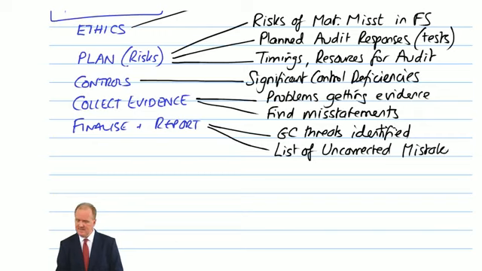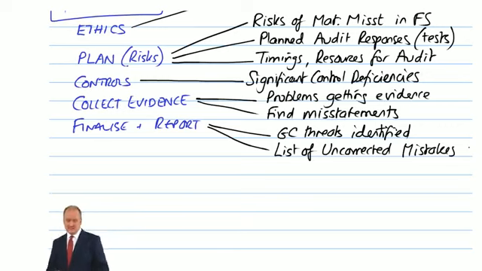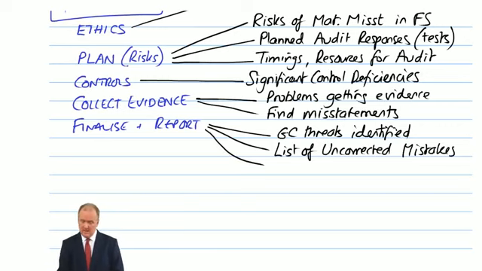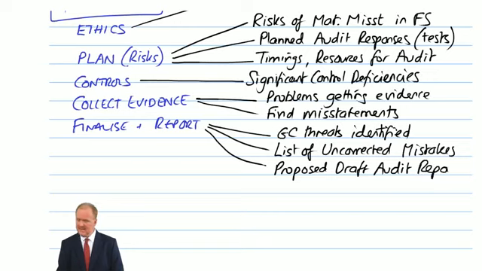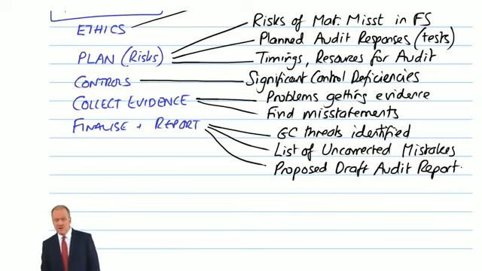So the things that the finance director so far hasn't corrected. And I would want to talk them through my proposed draft audit report before the shareholders see it. So the committee understands why I'm coming to the conclusions that I have come to.